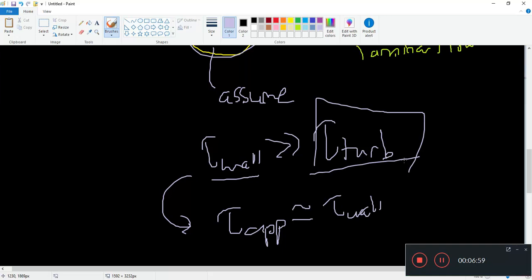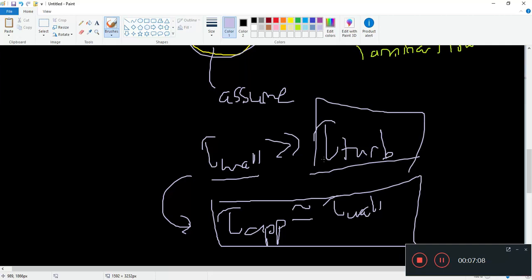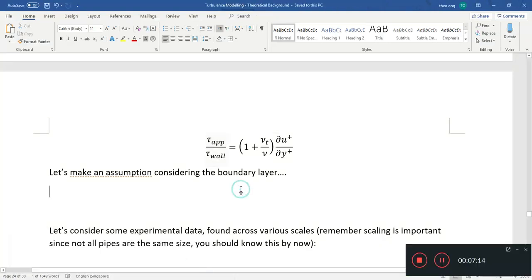So the contribution from turbulent shear stress is small in the boundary layer, and therefore we can assume that this tau apparent is constant and almost equal to tau wall. So that's one of the assumptions that can be made.